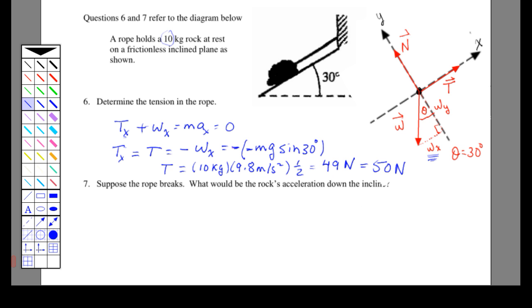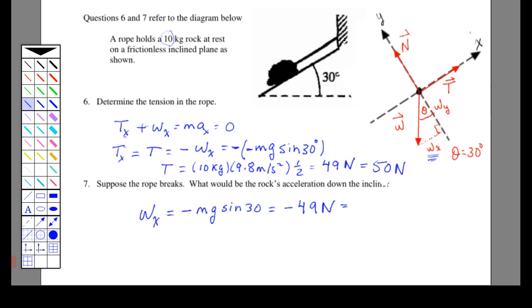So the x component of the weight, we said, was minus mg sine 30 degrees. And this is going to give us a force. We calculated this to be minus 49 newtons.